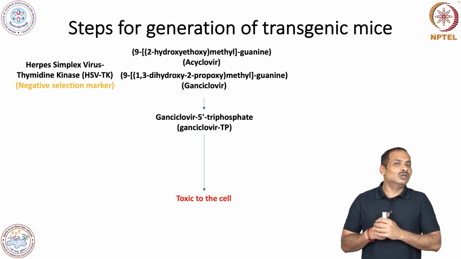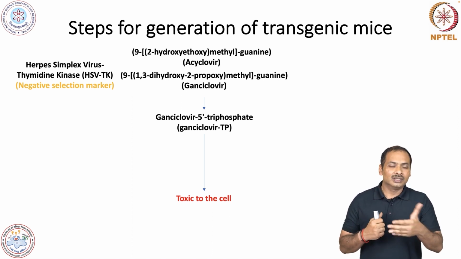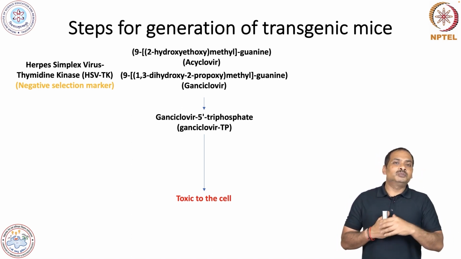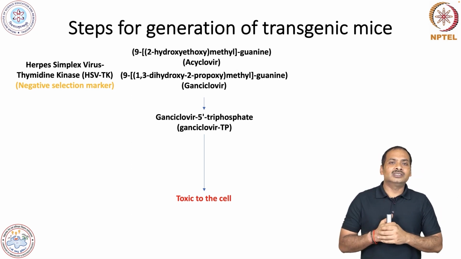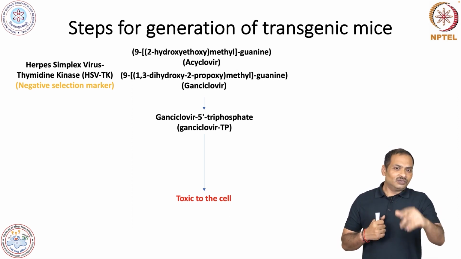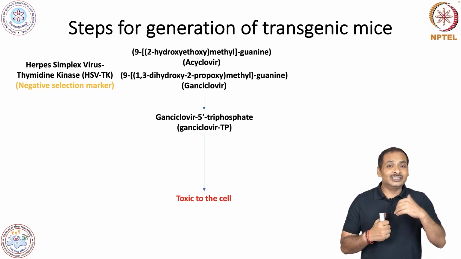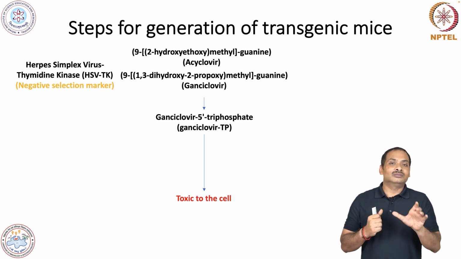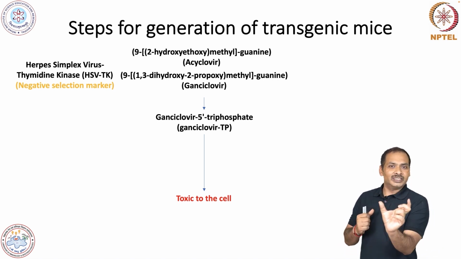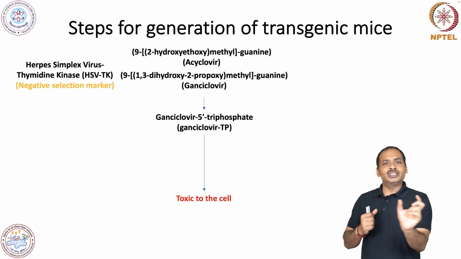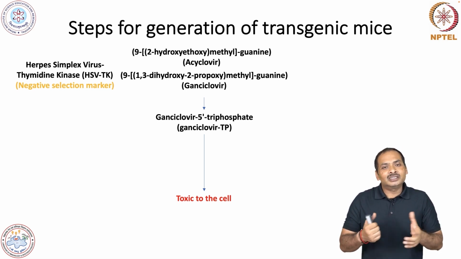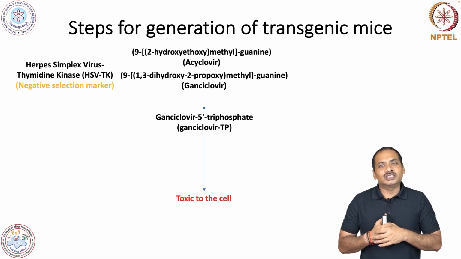But those cells are not the true cells that you want. So, to select further, we put ganciclovir on those cells. If those cells grow in ganciclovir also, then it is not the correct cell. Why? Because the whole DNA fragment is incorporated into the genome. And it means it is not a useful cell.